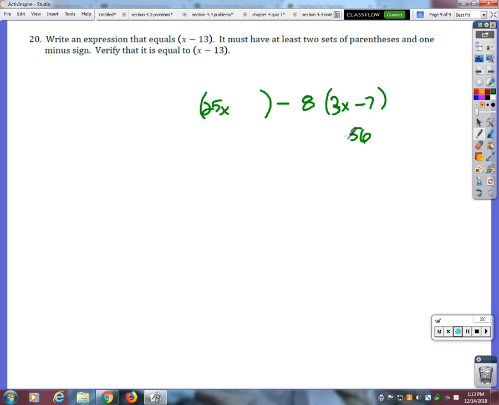No, let's see, this is going to be plus 56. Okay, let's switch this around, hold on. Let's make this be positive 7. So this is negative 56, and then it would be positive 43. Okay, so 25x minus 24x, that would give us x, and then 43 minus 56 gives us negative 13. Okay?